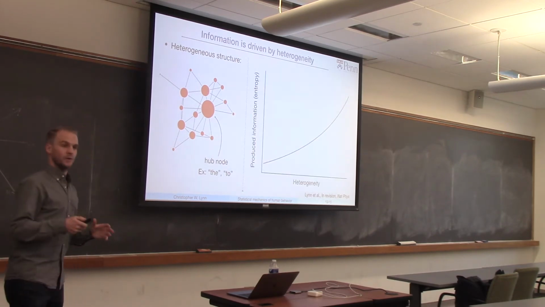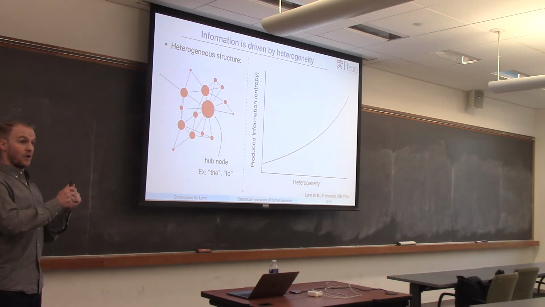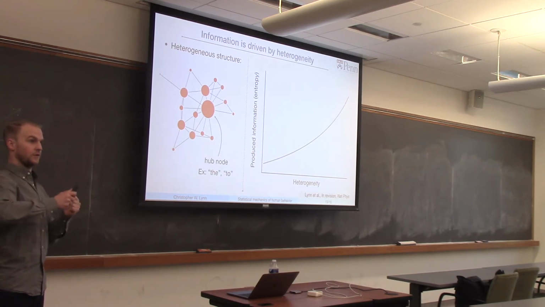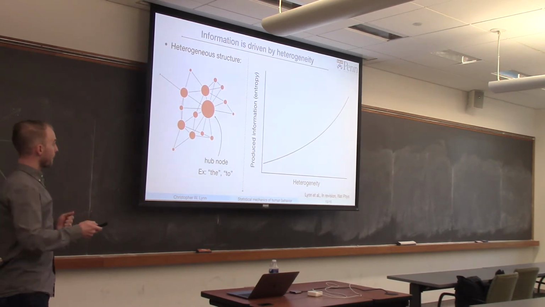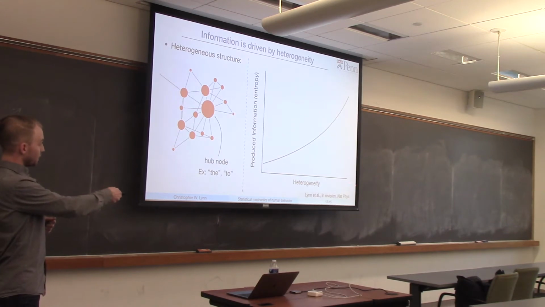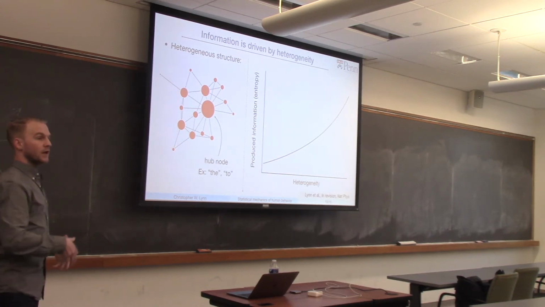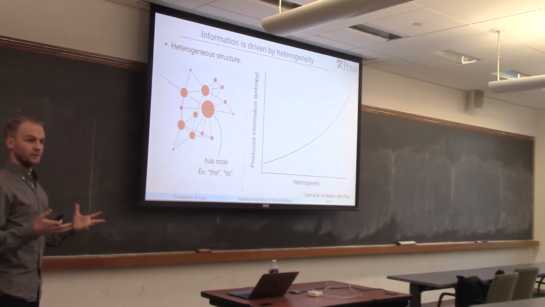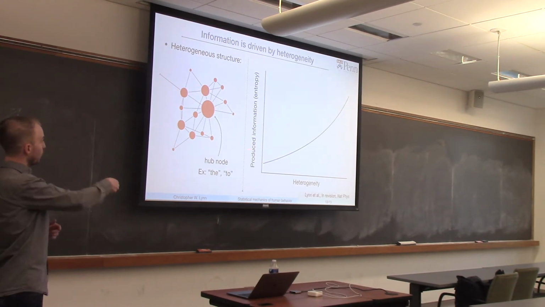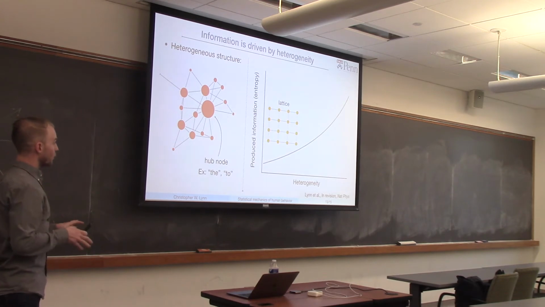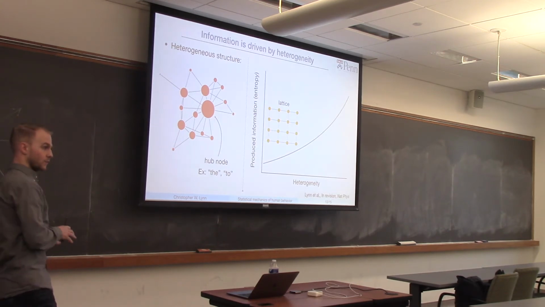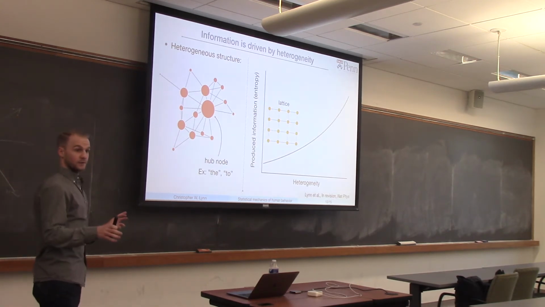So what we can do is generate a bunch of different networks with varying degrees of heterogeneity, or varying degrees of spread in their degrees. That's on the x-axis. And on the y-axis, we calculate how much information is being produced by these different networks. And what we find is a trend like this. You can look at networks with very low heterogeneity. The clearest example is a lattice graph.